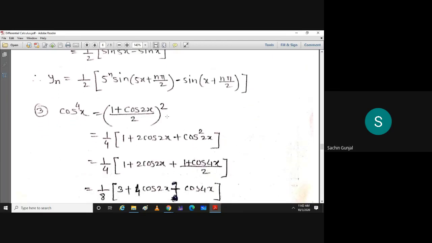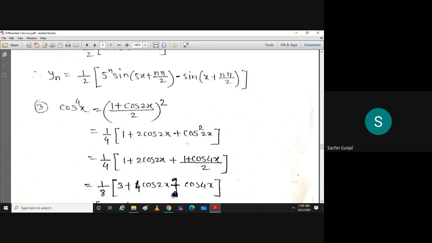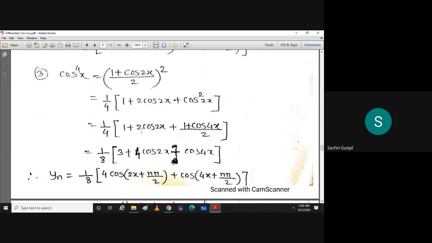Okay. So then square it. So 1 by 4, 1 plus 2 cos 2x plus cos square 2x. Again, this cos square is creating a problem for us. So 1 by 4, 1 plus 2 cos 2x. What is cos square 2x? 1 plus cos 4x upon 2. Okay. Now you can adjust the terms.